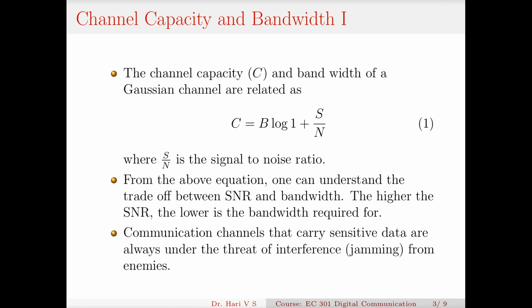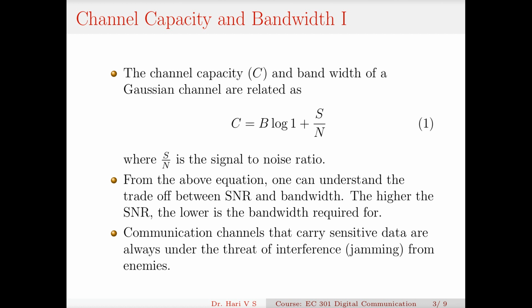But there are certain cases. Often people go for that because the bandwidth is usually very expensive. In mobile communication, the spectrum is very costly. So people try to accommodate a small bandwidth and very good signal to noise ratio.